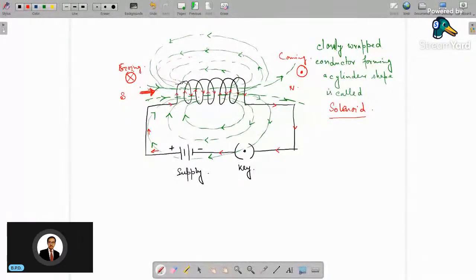Okay, some magnetic material can be placed in between this solenoid circuit formation, and then it will result in the magnetization of that magnetic material. Okay, this is performed to form an electromagnet. This is performed to form an electromagnet.